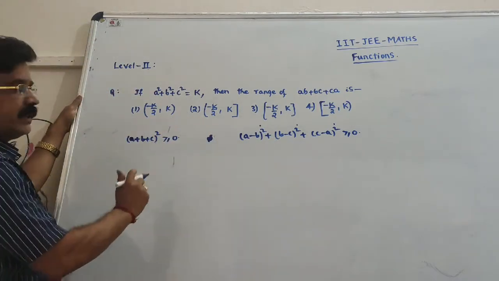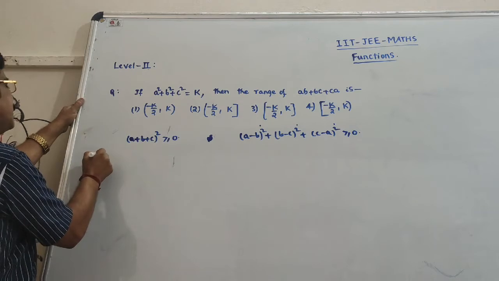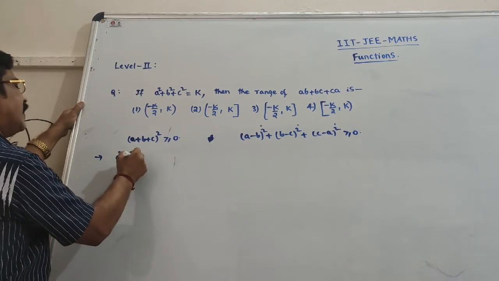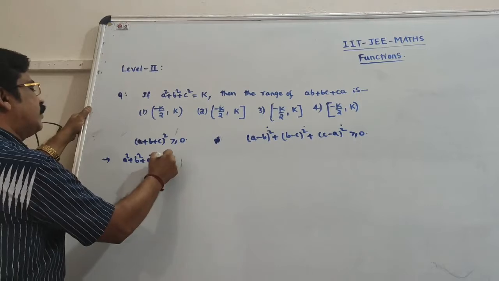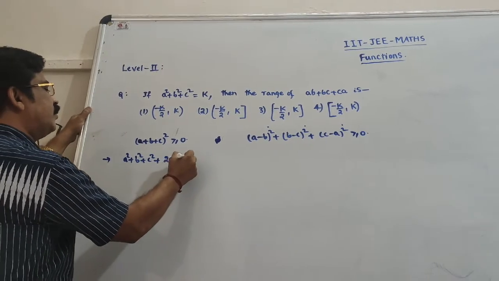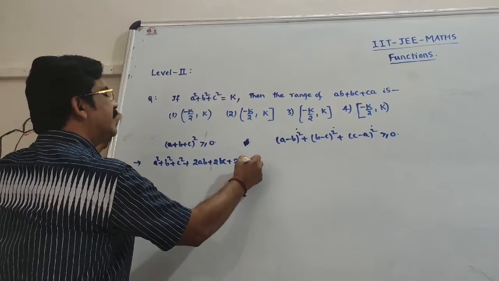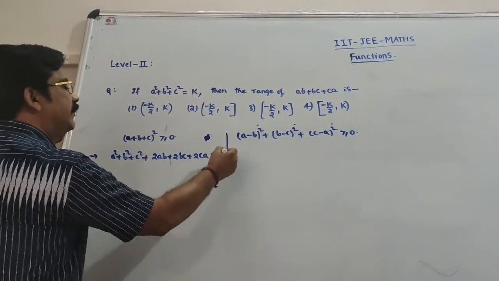Trivial statements. So from this, a plus b plus c whole square means a square plus b square plus c square plus 2ab plus 2bc plus 2ca is greater than or equal to 0.